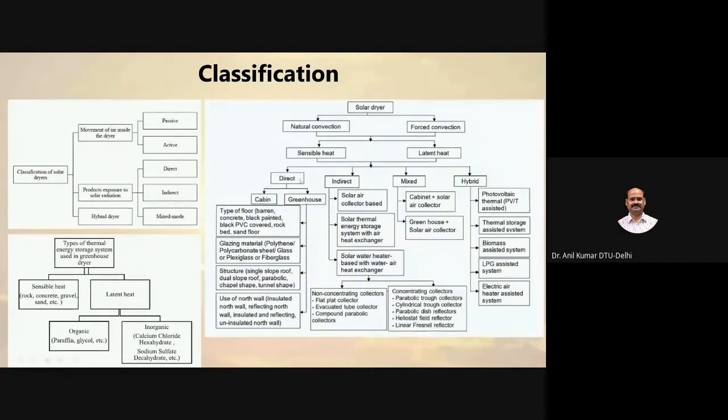Greenhouse drying systems are basically useful for bulk drying. And in bulk drying, utilization of solar energy can be effectively improved with the help of these types of floor, whether bare, concrete, black painted, black PVC covered sheets, rock bed, and sand floor. We have one patent based on that itself.